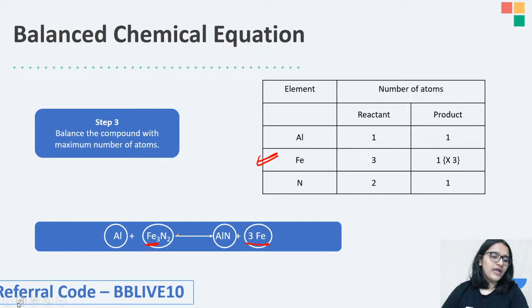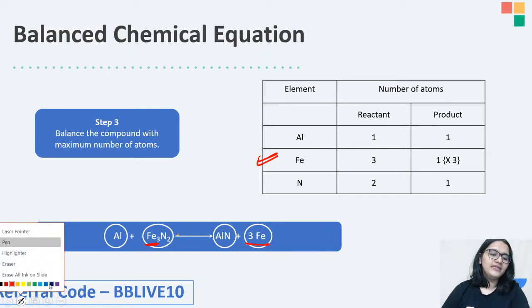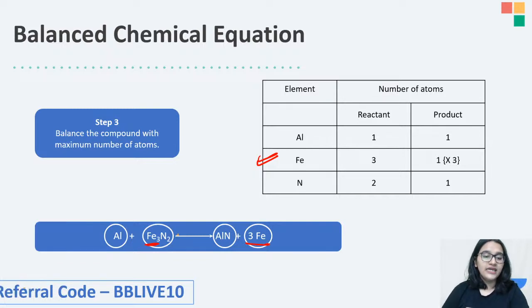Now we move on to nitrogen, as nitrogen is not balanced yet. How many nitrogen do we have over here? We have 2 nitrogens over here and only 1 nitrogen over here. So can I convert this 1 into 2? Absolutely, ma'am. 1 1s are 1, 1 2s are 2. So I can multiply this 1 by 2 and it will give me 2 nitrogen, right?